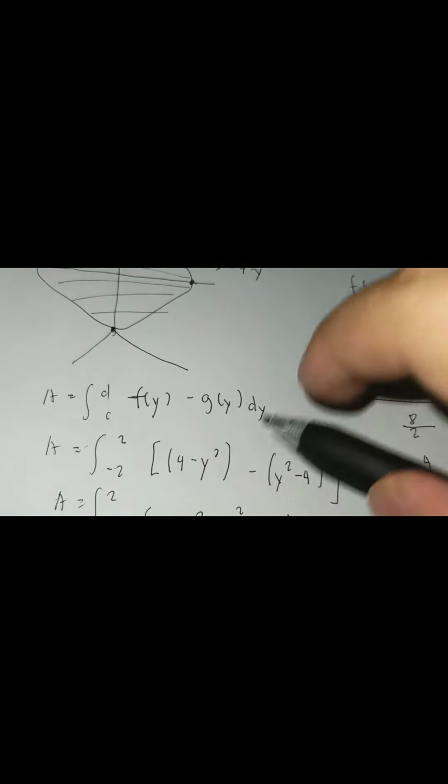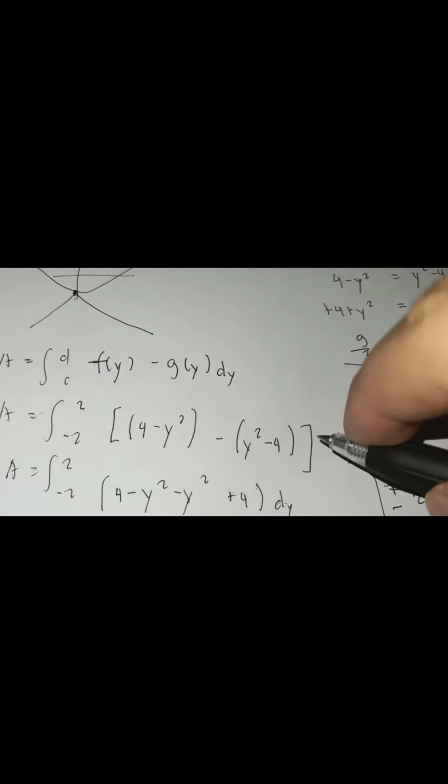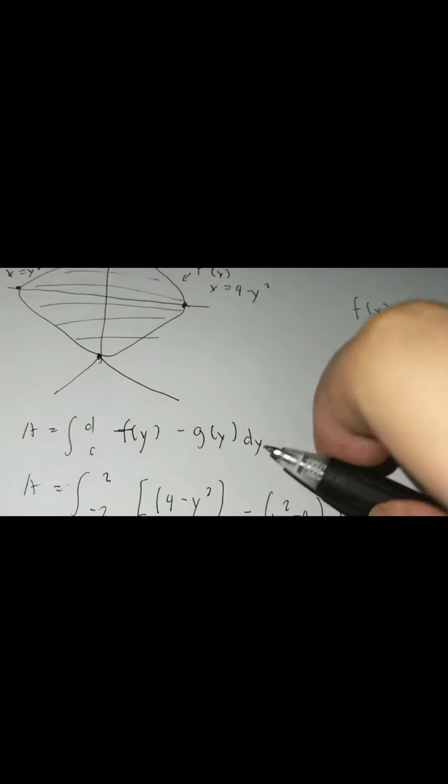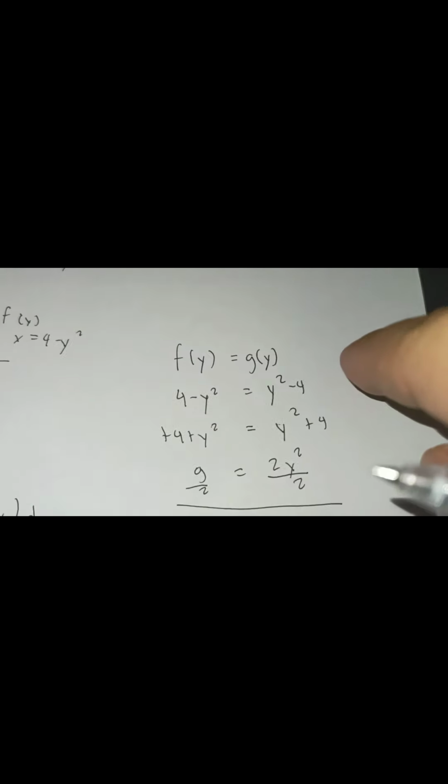You just substitute it. It will become now the integral from negative 2 to positive 2 of 4 minus y squared minus y squared minus 4, dy. We took f of y and g of y from the given.